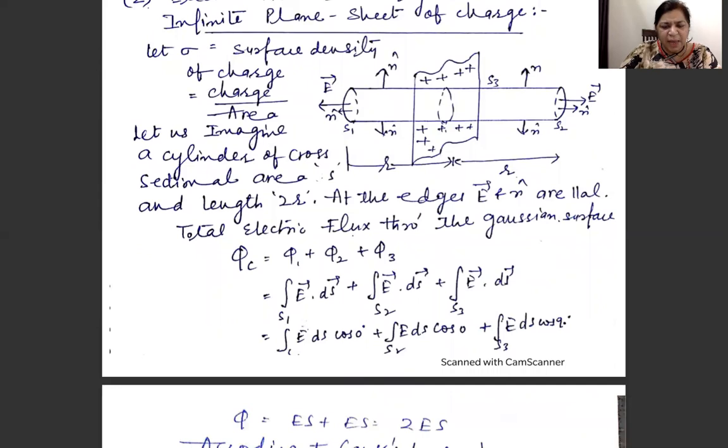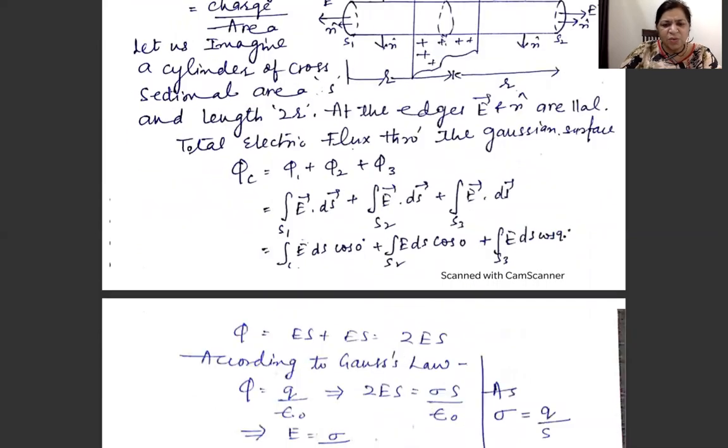So here we have phi is equal to phi1 plus phi2 plus phi3. For S1 and S2 the angle is 0, and for S3 the angle is 90 degrees. So for the first two parts the values of phi1 and phi2 are equal to ES. For the third one, it will be equal to 0 as cos 90 is equal to 0. So the electric flux is equal to 2ES.